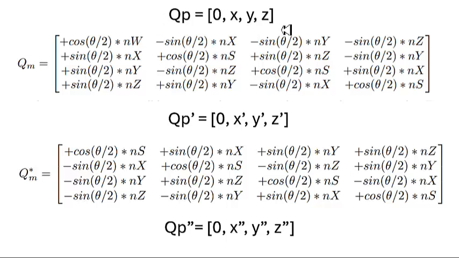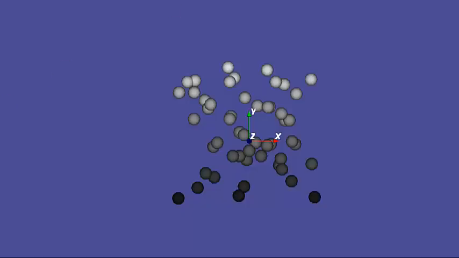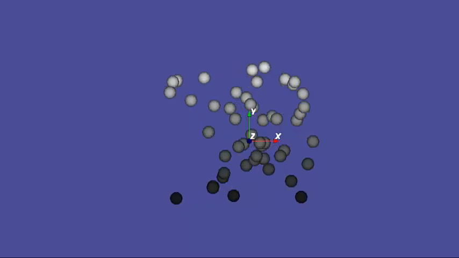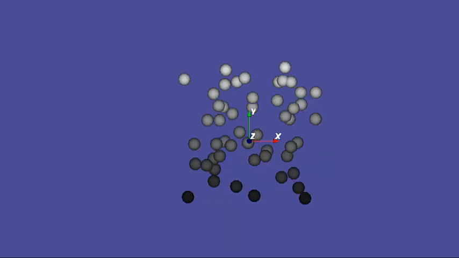You set up your initial point, which is the center of the sphere, in a vector like this, or a 1x4 matrix. Then you take the transformation matrix and multiply the point, and then you multiply the output of that by the complex conjugate and you get your output point.